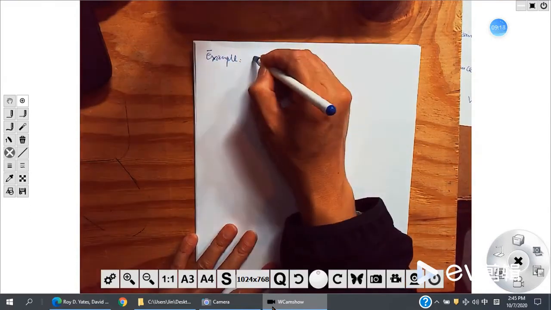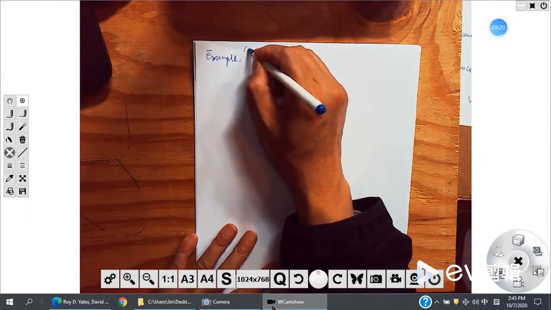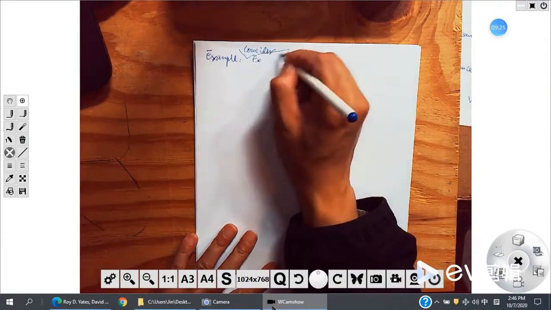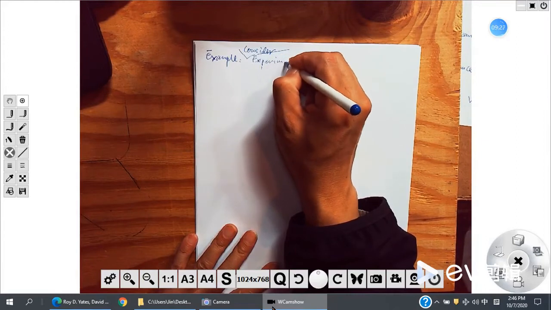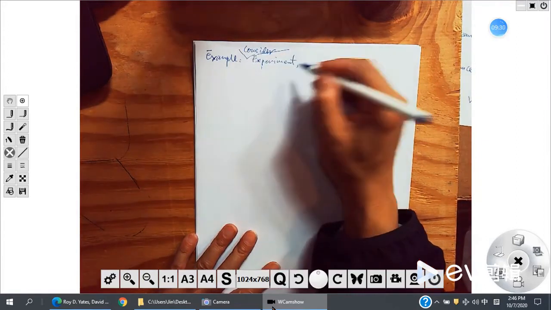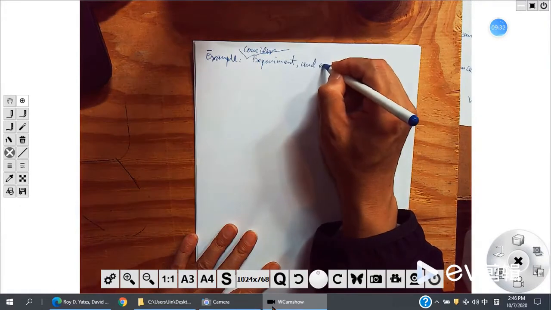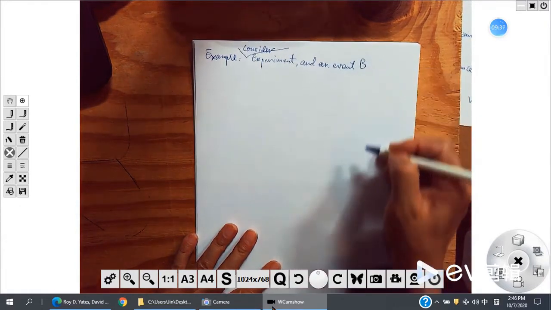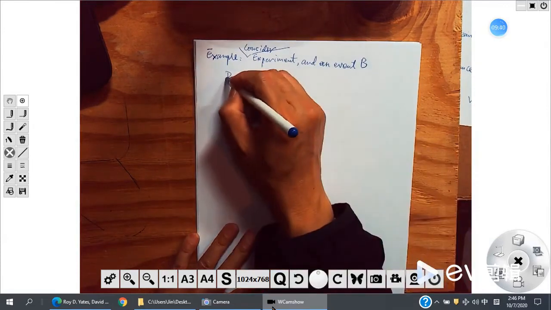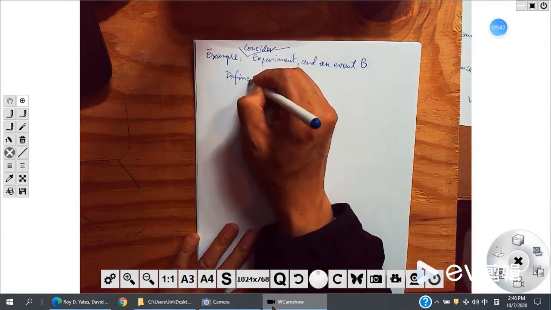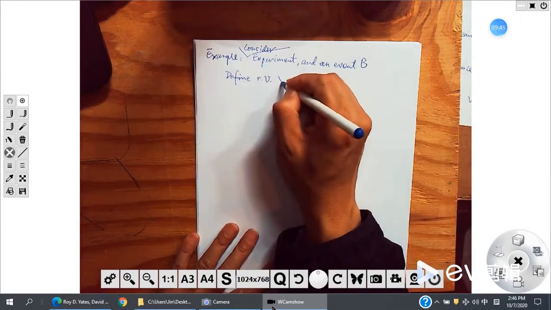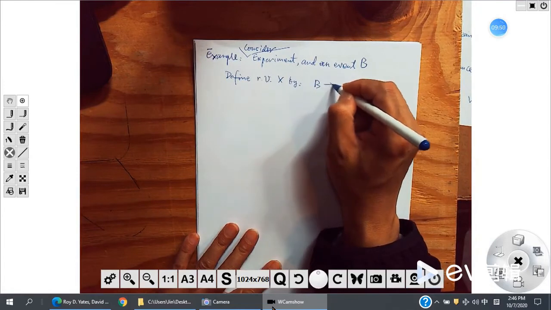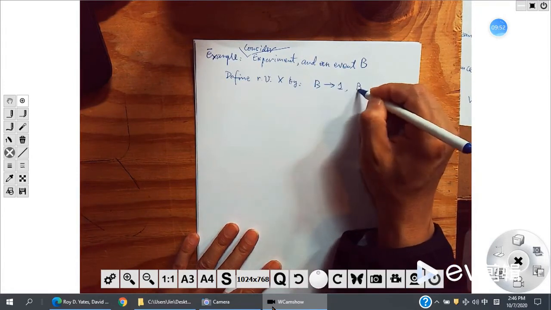We consider an experiment. Here it means a random experiment, and an event B. Define a random variable X by B according to 1 and B complement according to 0.